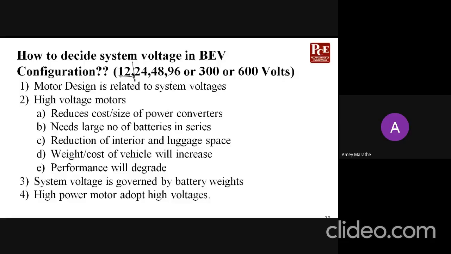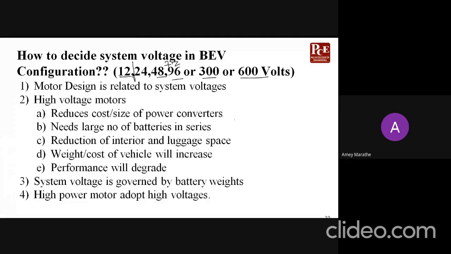Apart from that, you will have these configurations: either 48, or 72, or 96, 300 or 600 volts. I'm sure you know where these numbers are coming from, and that is why sessions 1 and 2 were important. There I showed you which vehicles use these kinds of voltages.